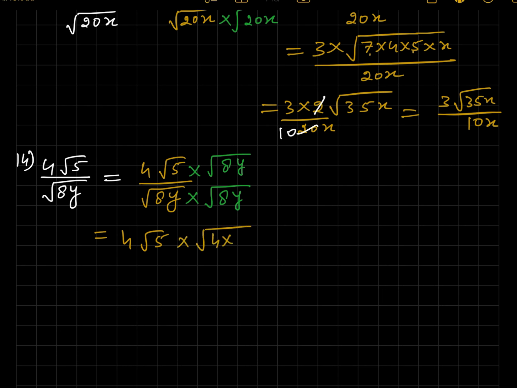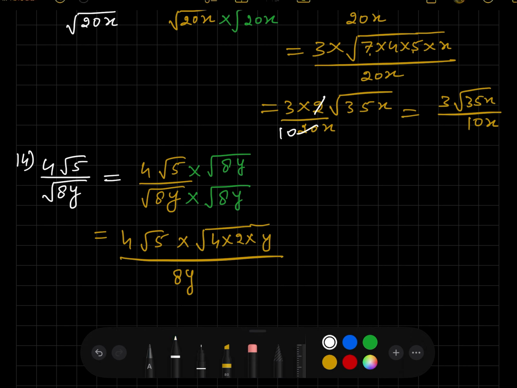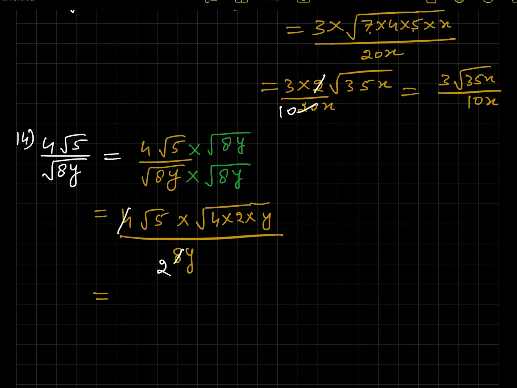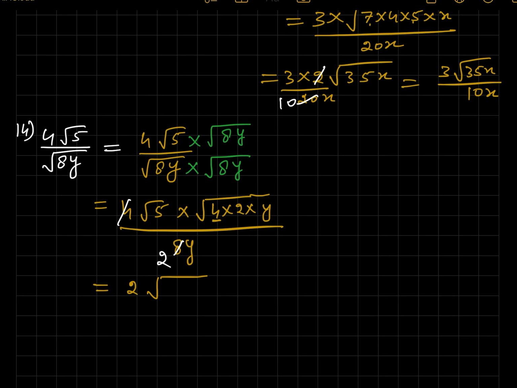So I can write 4 times 2 times y and down 8y. So I can cancel 4 2's, yes, and after cancelling I'm left with what? For this 4 I can take again 2 out, and under radical sign I'm left with this 5 and this 2 and this y, and down is 2.